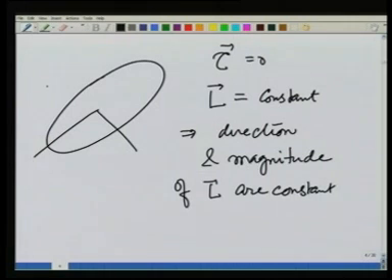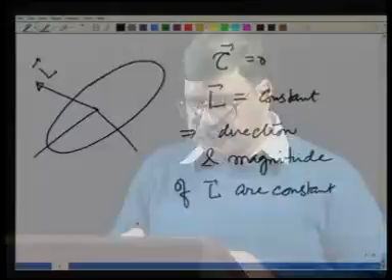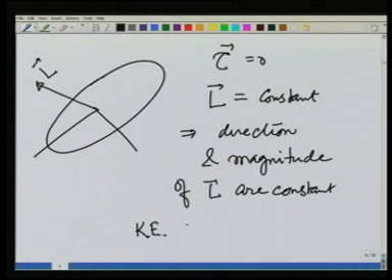So, if I give an angular momentum initially L, this is going to remain fixed in space. The other quantity which is a constant is the kinetic energy, which is 1/2 omega dot L, and these two are enough to tell us how the motion of the disk should be.